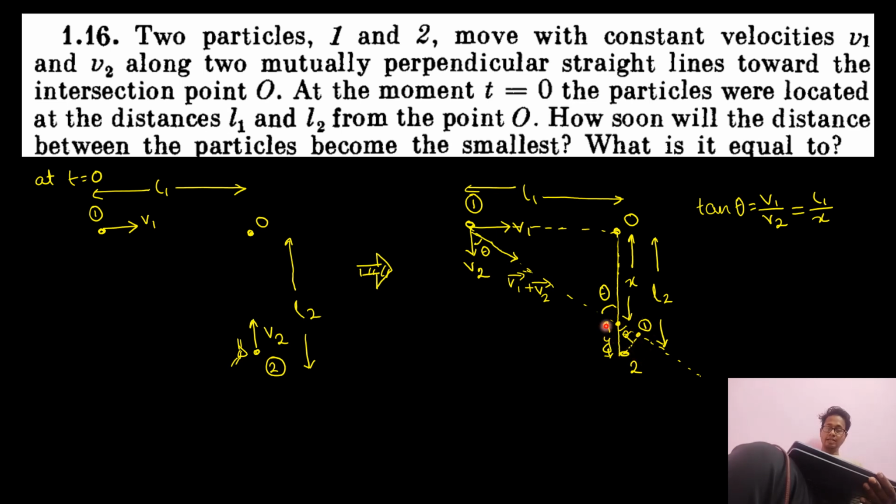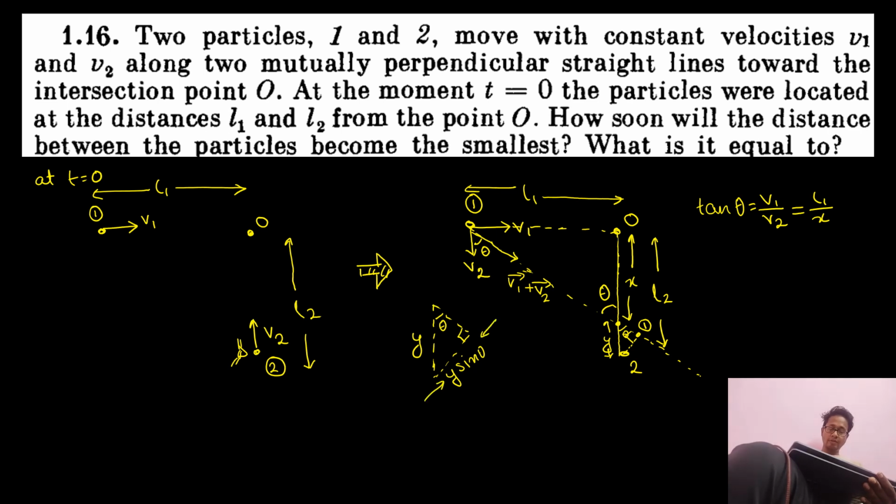If you look at this triangle closely, I'm zooming in on this triangle. This is 90 degrees. This is the nearest distance, and this is equal to y. This is equal to theta. So can I say the nearest distance is equal to y sine theta?